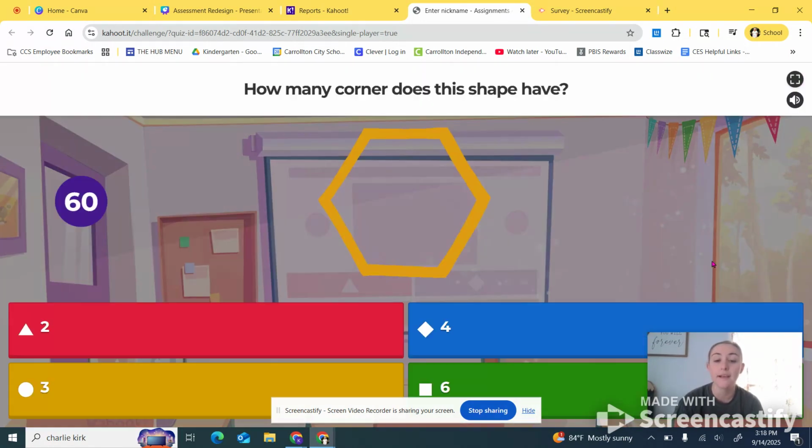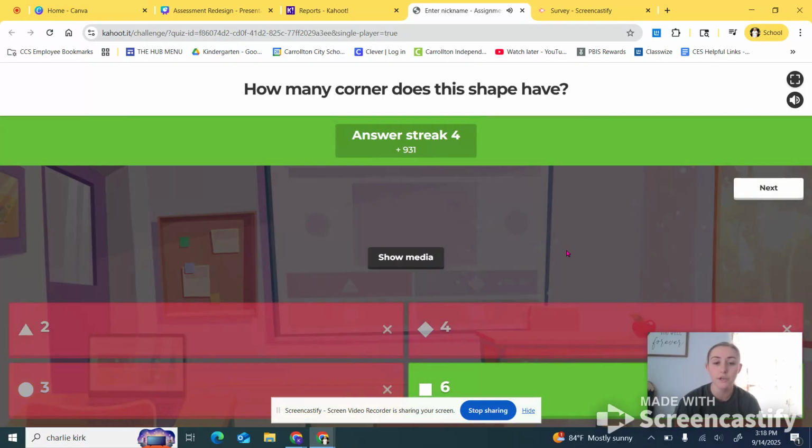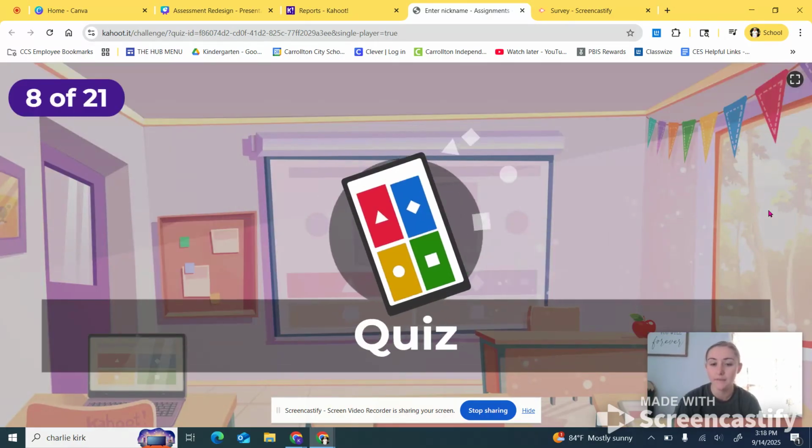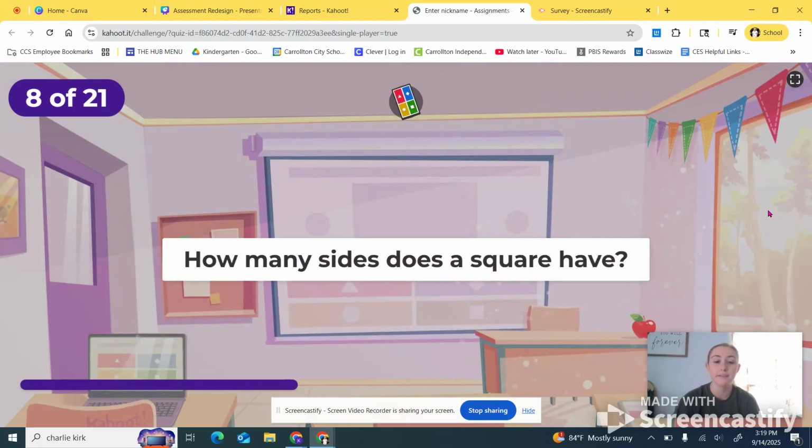It also asks how many corners the shape has, so the students can use their mouse and count, really enhancing that media with the picture and allowing them to use the resources of the picture instead of just asking the question and not having the picture to help assist them.